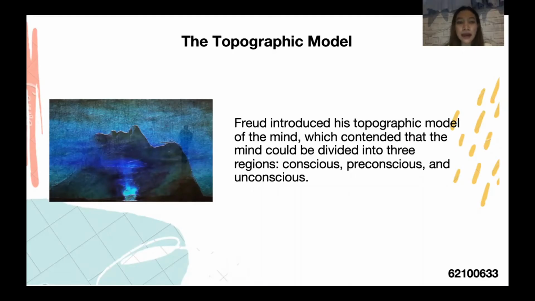This slide is about the topographic model. Freud introduced his topographic model of the mind, which contended that the mind could be divided into three regions: conscious, pre-conscious, and unconscious. 1. The conscious part of the mind holds information that you are focusing on at this moment. 2.